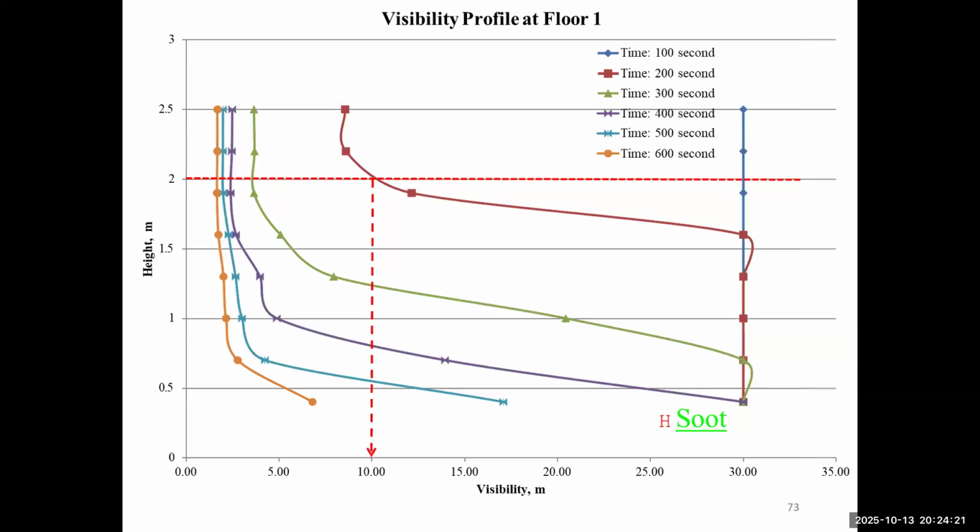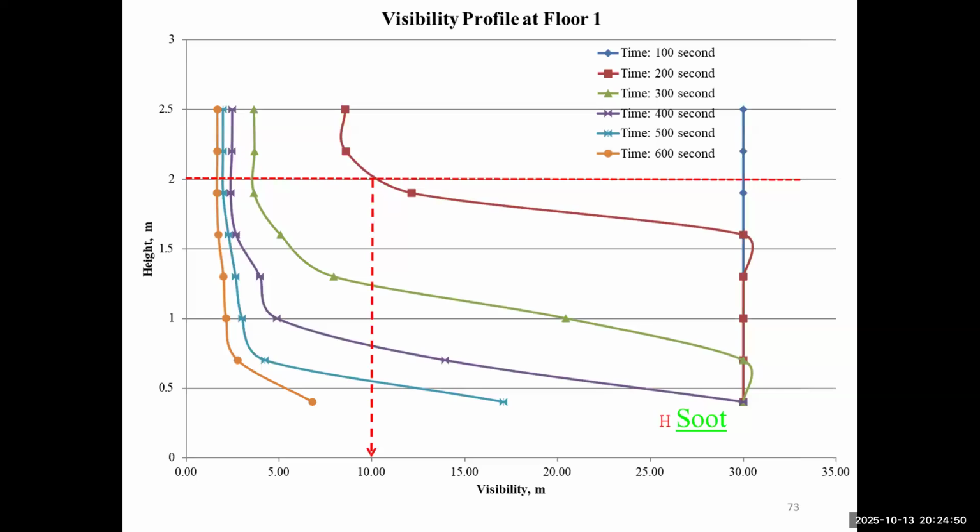Because for the height, we only consider under 1 meter or under 2 meters. So this part of the figure is very important. For the blue line, at around 100 seconds, we can see that 15 meters ahead near the floor is still available.